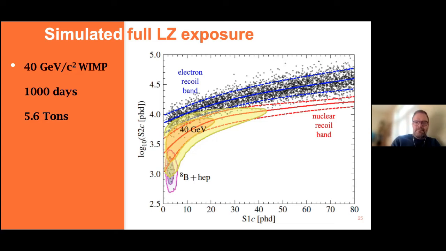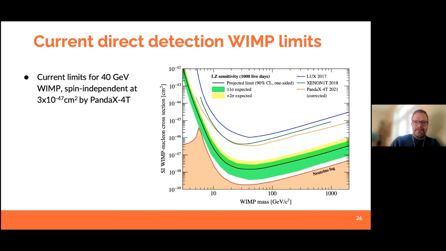So this then goes into a profile likelihood, and you have to do some fancy statistics, but at the end you come out with a limit. And again, this is the projected sensitivity for LZ compared with the current limits from XENON1T and PandaX-4T, which just came out, I think, last month.